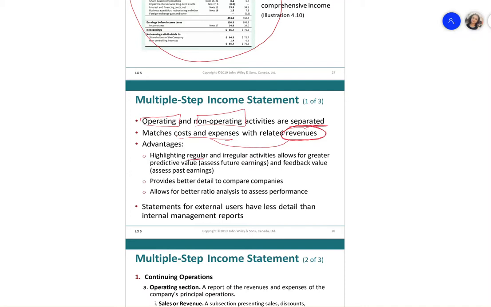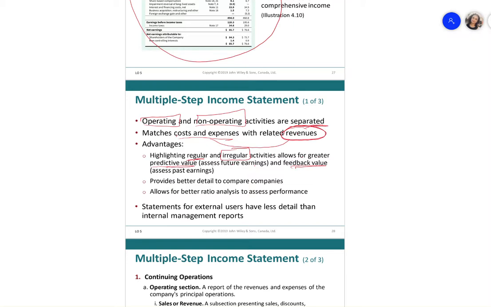Regular is going to be there every year. Irregular is not going to be there every year. It allows for greater predictive value, assessing future earnings, and feedback value. We learned those two values that our financial statements provide us. So we have regular and irregular activities, and multi-step gives you that.